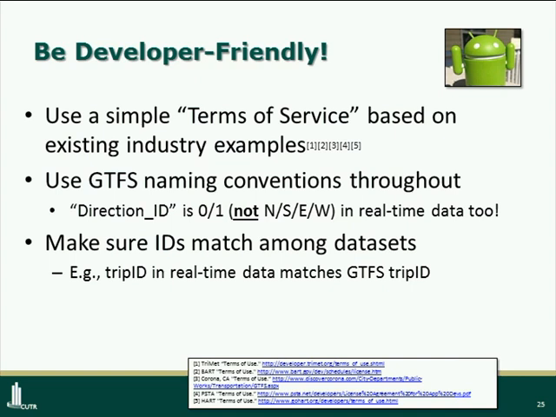Is it a 0 or a 1, or is it north, south, east, west? So we suggest matching, or at least making available the same fields with the same data types to make sure you can match it up with your GTFS data.